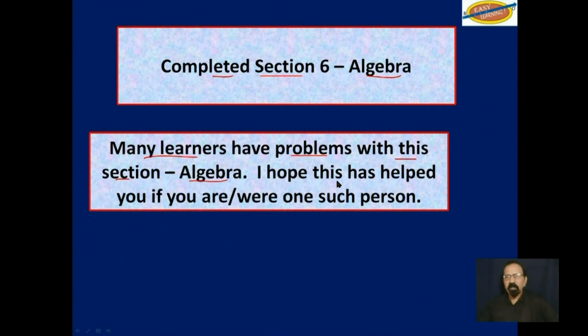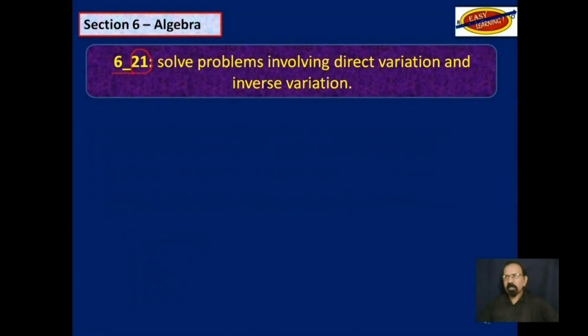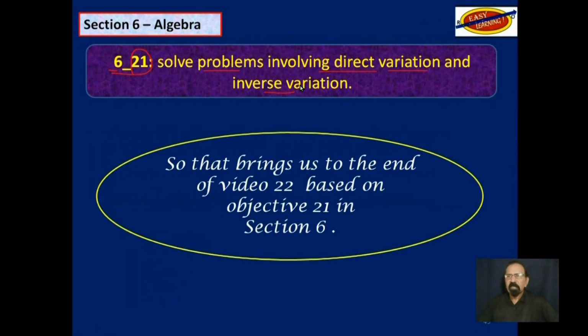I hope that this has helped you if you are or were one such person. Objective 21, section 6, solve problems involving direct variation and inverse variation. This brings us to the end of video 22 based on objective 21 in section 6, and also that was the last objective in section 6.